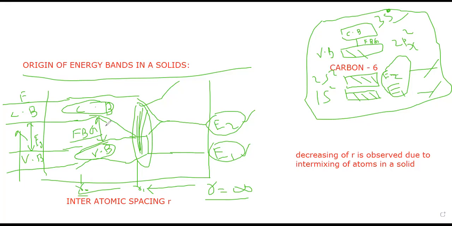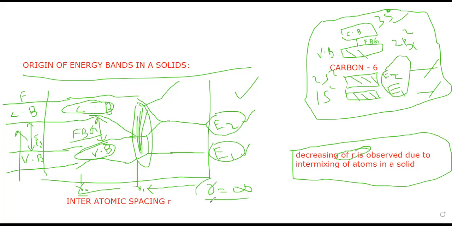If in the examination they ask a question like write a brief note on the origin of energy bands in a solid, you explain this diagram in one paragraph. The main reason is the intermixing of atoms in a solid, and the interatomic spacing decreases.